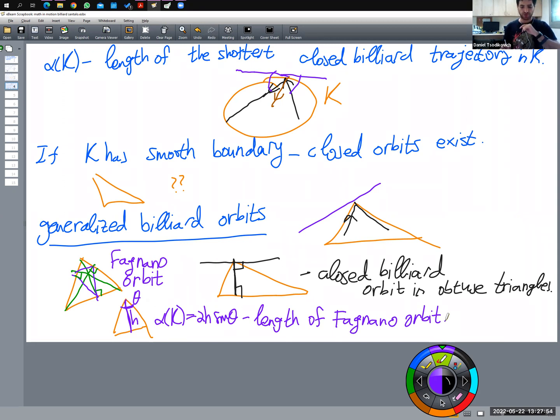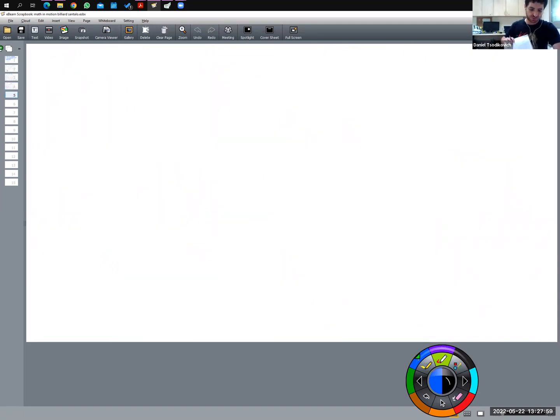What do we know about alpha K in general? Let me recall some results. There is the result of Gomi that says that alpha of K is at least 4 times the inradius of K. And if K has constant width, and if K is centrally symmetric, then this is an equality.